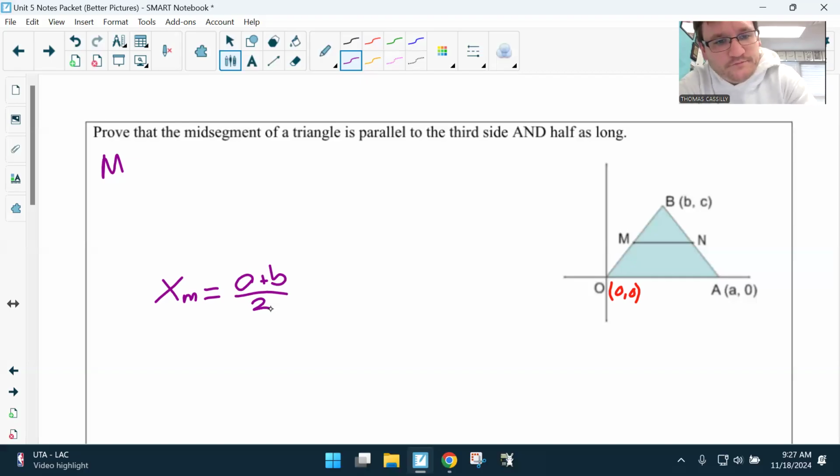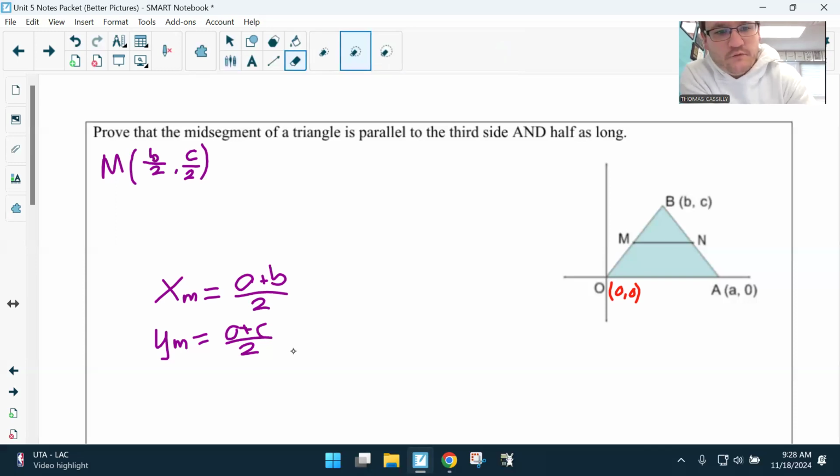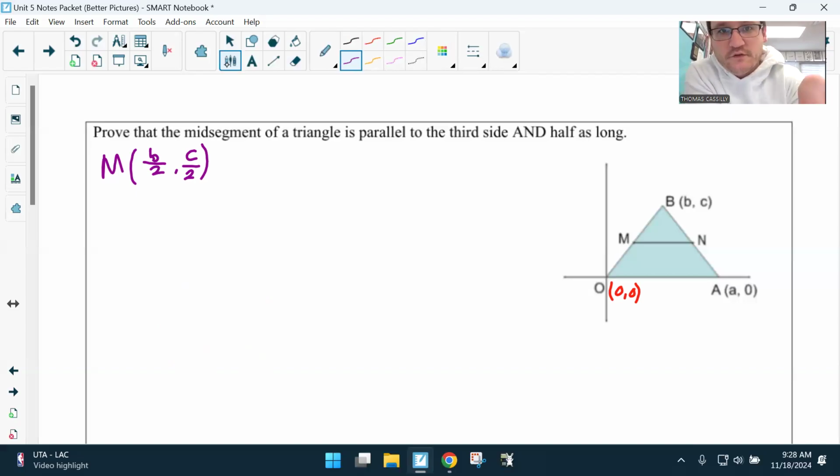The y midpoint is going to be 0 plus C divided by 2. Right, so I know that looks strange, but the ordered pair here is B over 2, comma, C over 2. Remember, we're plugging in numbers for these. So whatever B and C are, it's just B over 2, C over 2.